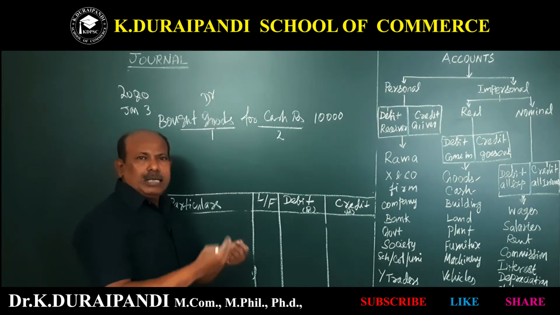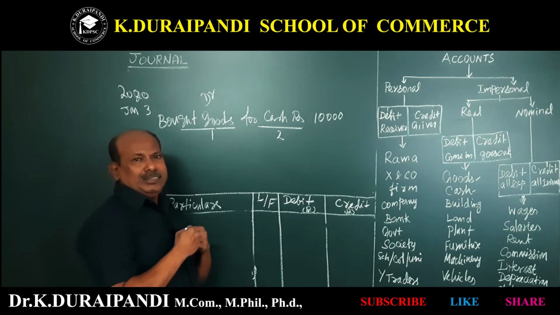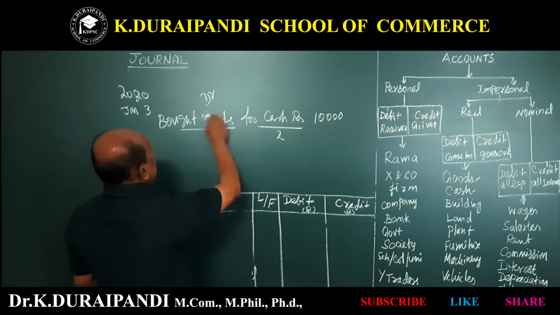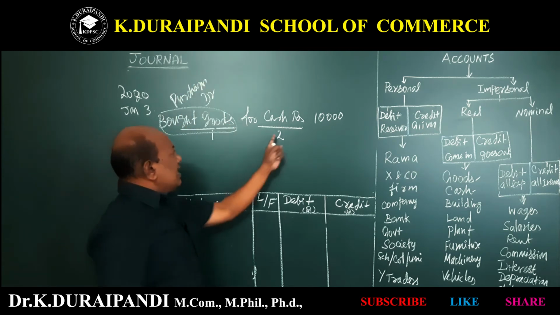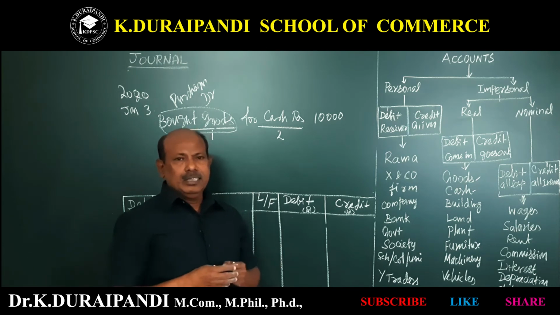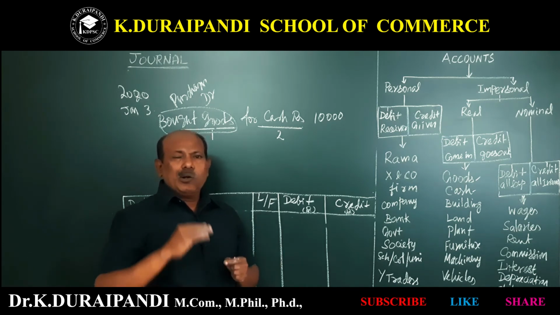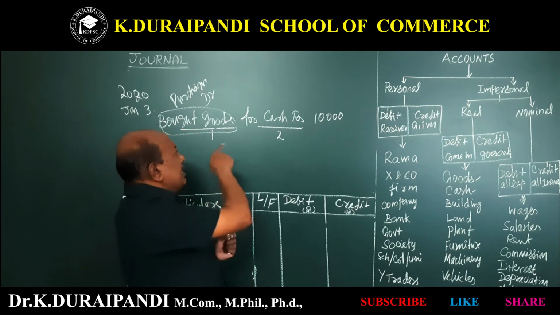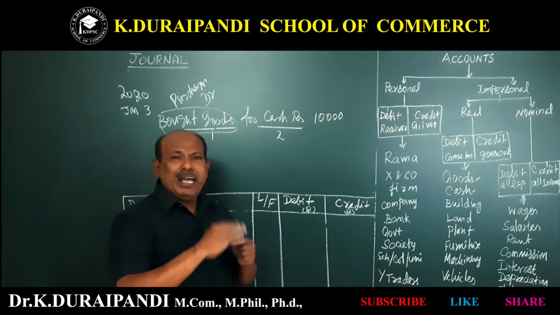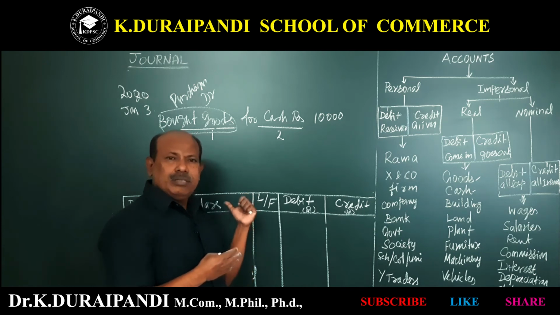Here goods comes into the business. It is purchases. Then another aspect, cash. Cash here goes out. Debit what comes in. Credit what goes out. We are paying cash for the purchase of goods.